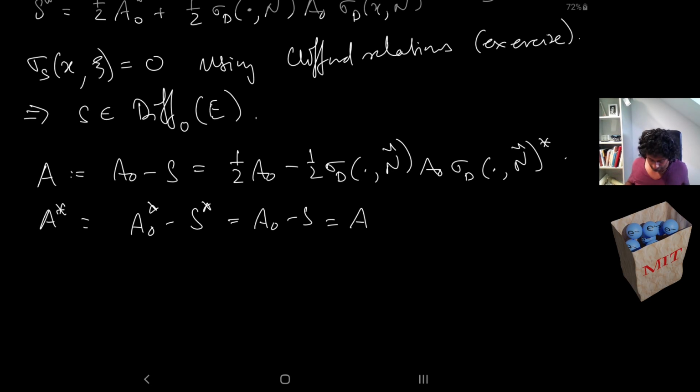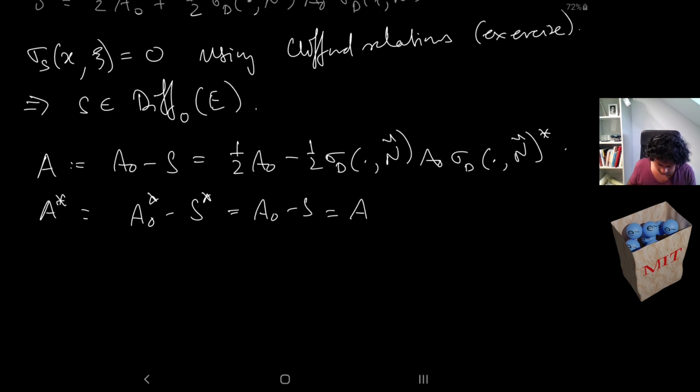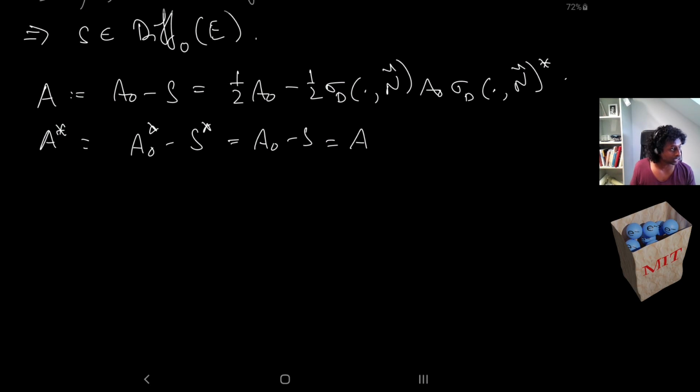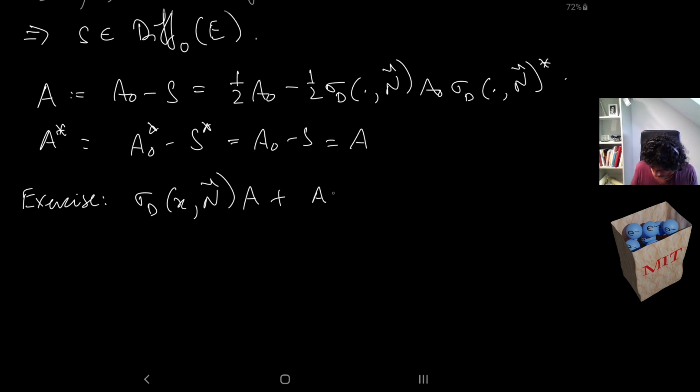Okay, we're running out of time, so again maybe I'll just leave this calculation as an exercise: dx_n A plus A. The easiest way to calculate it is just to compute these two things separately and then add them.